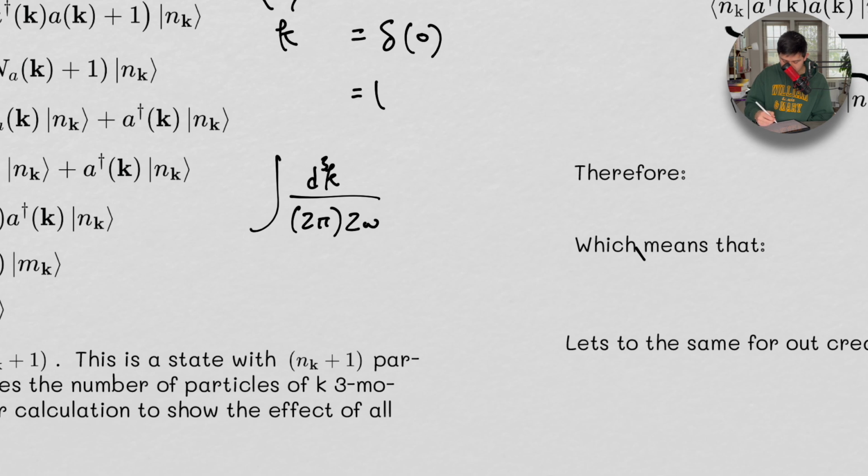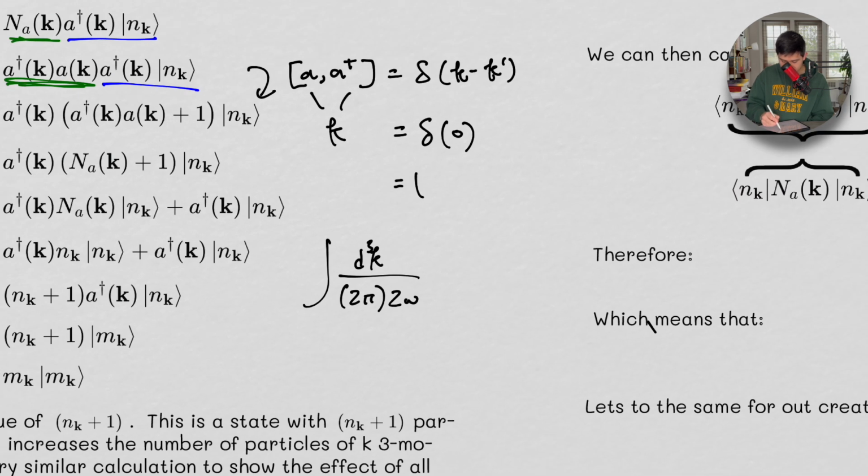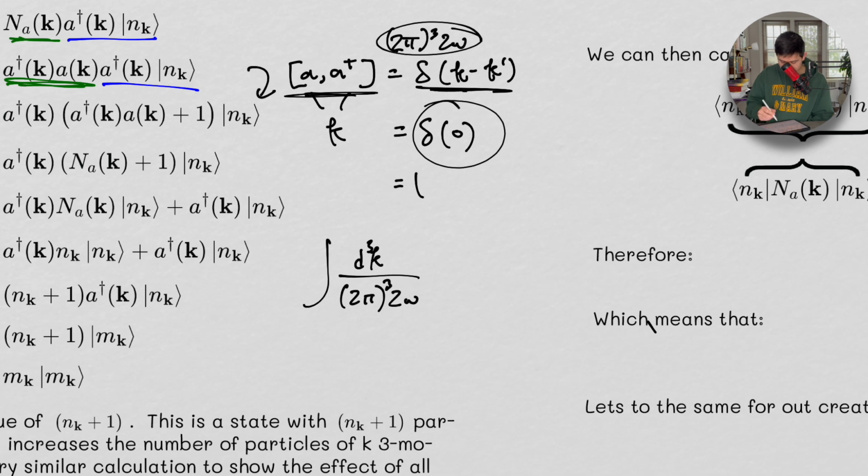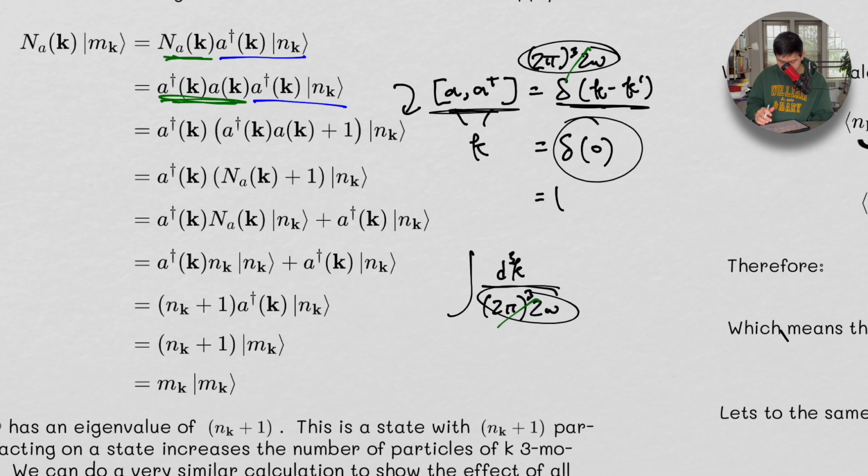But then this guy here has our 2 pi cubed 2 omega multiplied by this, but it's in the denominator here. So effectively, those things are going to cancel when we do the integration. So we're ignoring that.